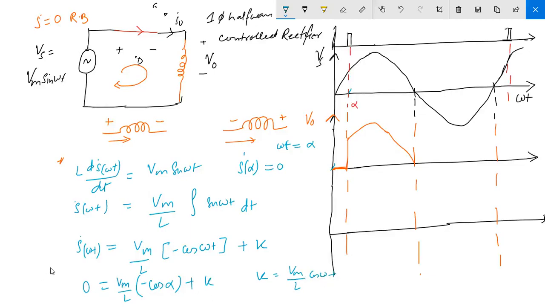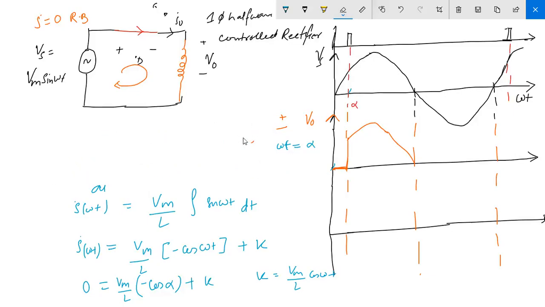Now for this equation, if you put here the value, the final equation I of omega t can be written as Vm by omega L. Sorry, one more thing: if you integrate with respect to dt, you are left with omega L. I am not integrating with omega t because here it was L di by dt, di of omega t by dt.